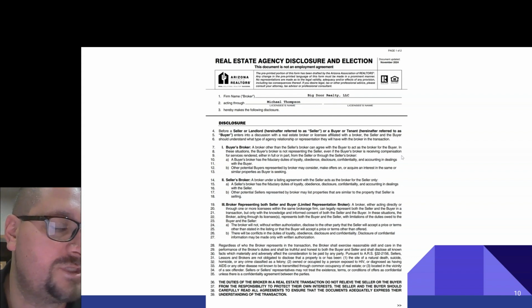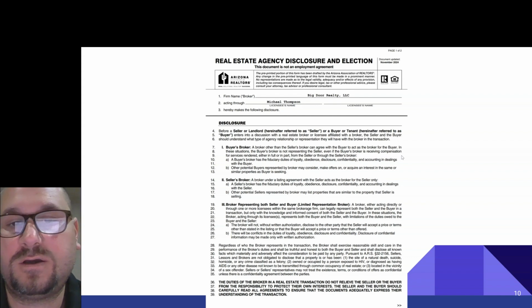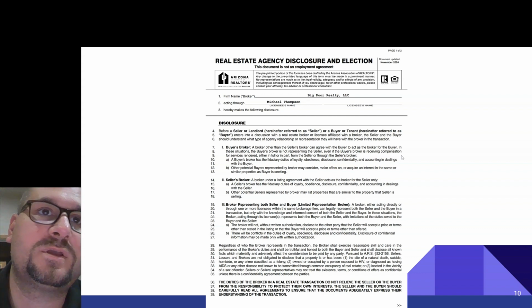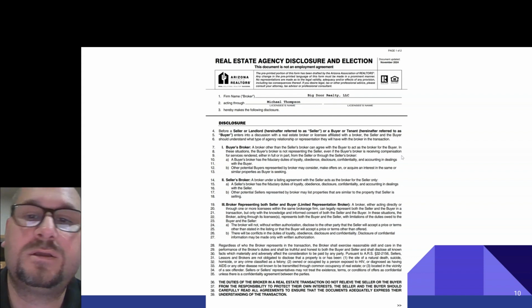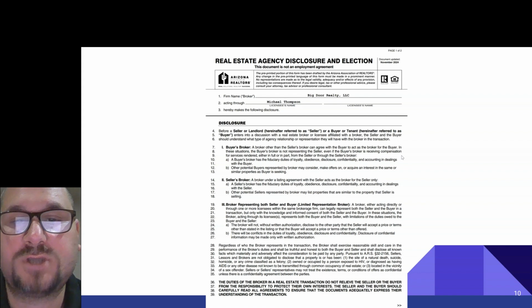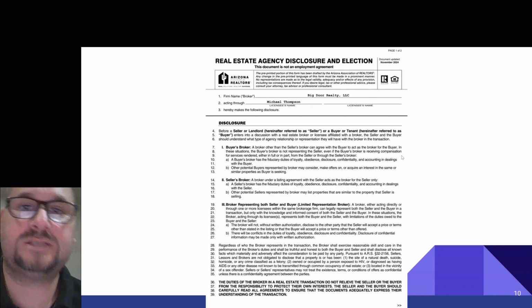So for fiduciary duty, we typically use an acronym called CARLOAD. Care, accountability, right? There's accounting, obedience, obey. We must obey. It even says it in our disclosure.